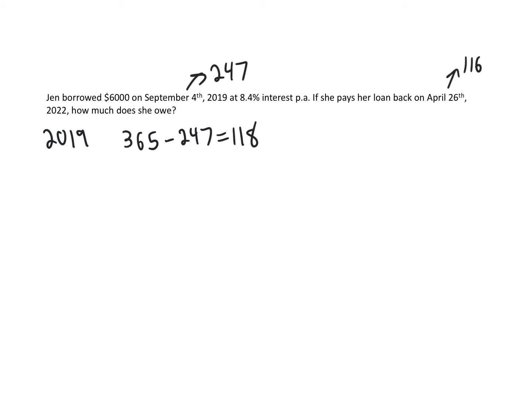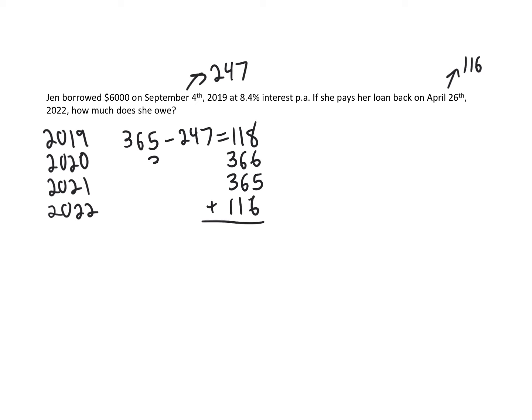Then we look at 2020. This was a leap year, so this is actually 366 days. 2021 has 365 days. In 2022, well, as we showed, we're 116 days in. We add these up, so we have 1,083 days total for our loan.